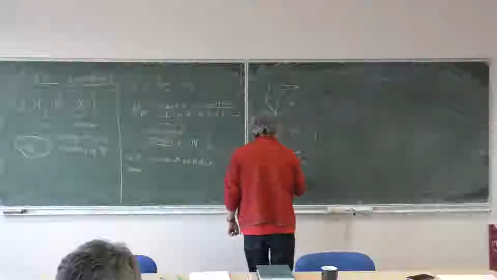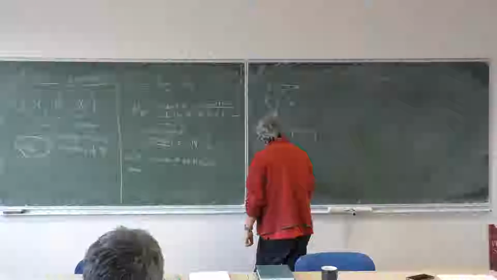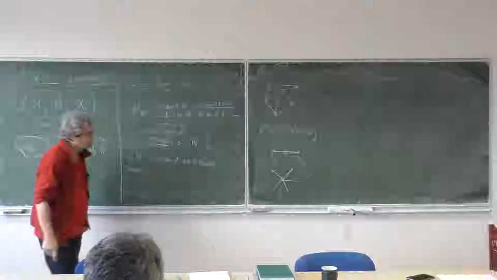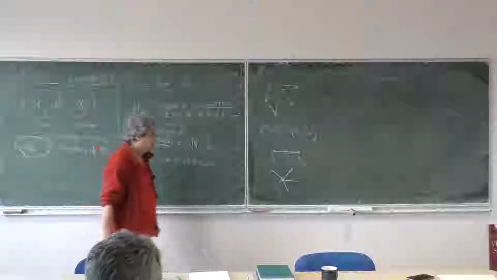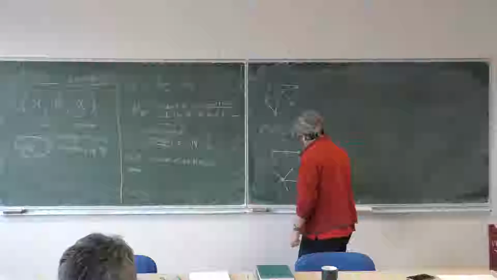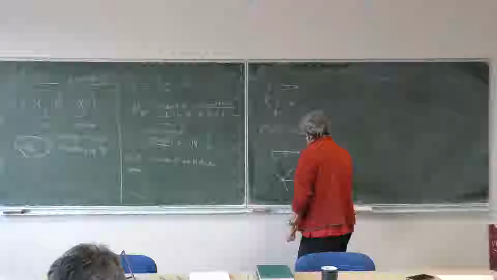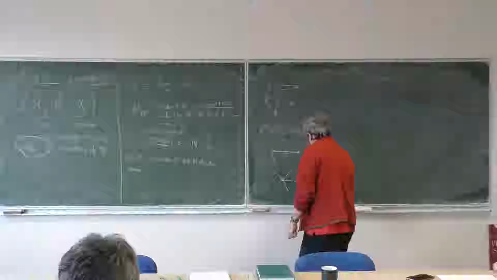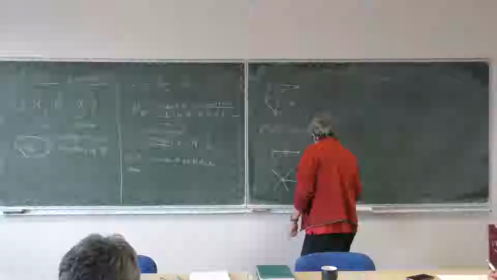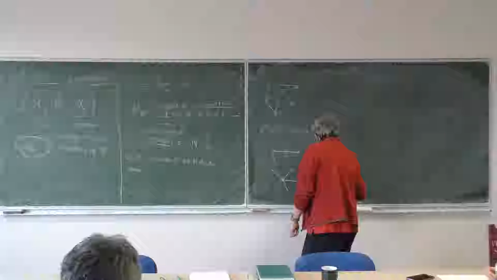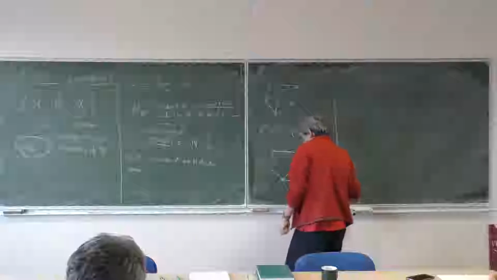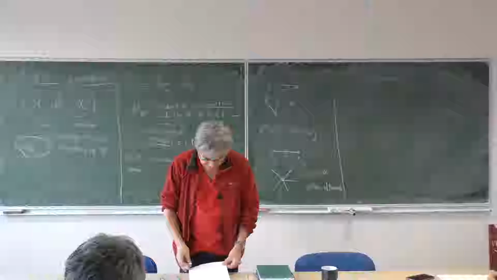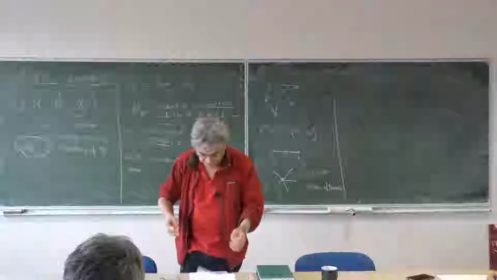Given a node, there are a certain number of links coming out of them, oriented, either coming in or coming out. And the number of links is called the valence of the node. It's a little bit of terminology of graphs.